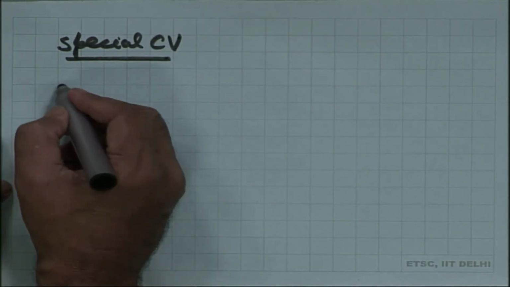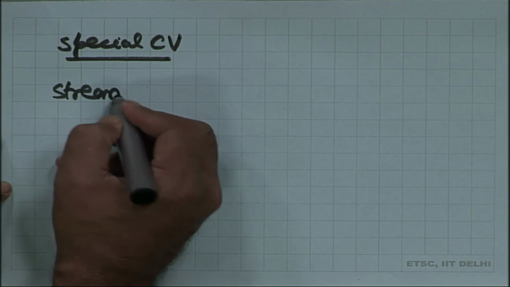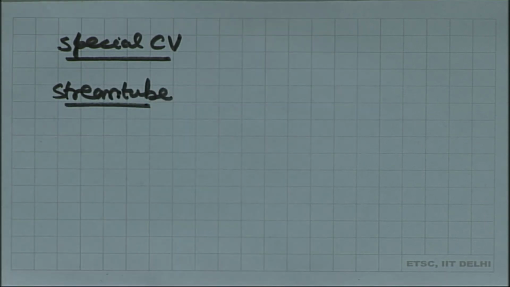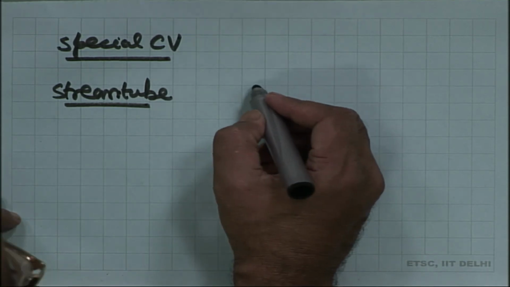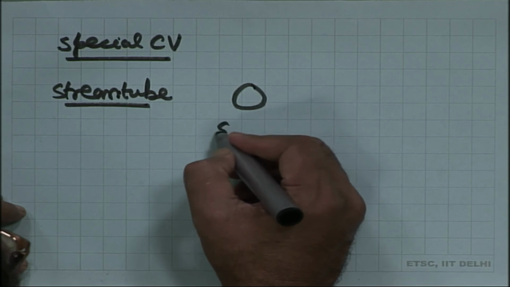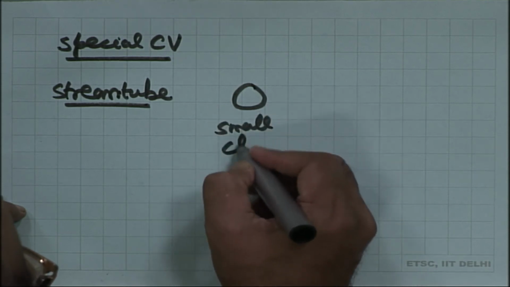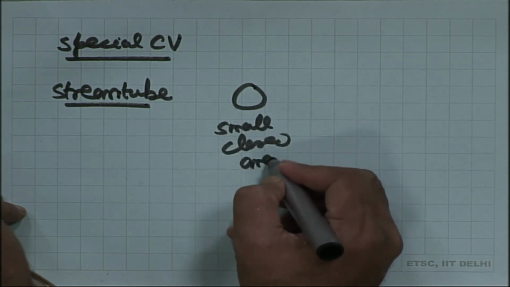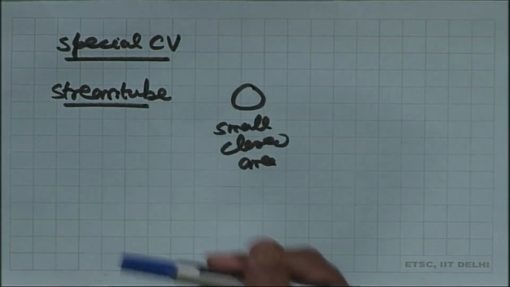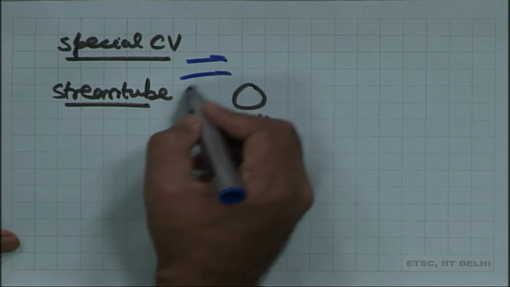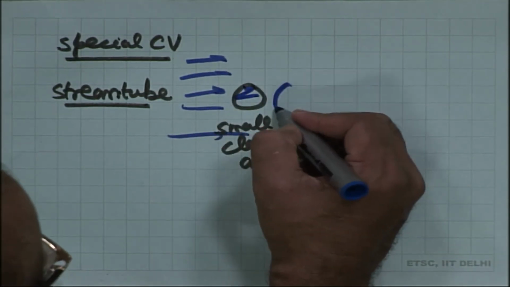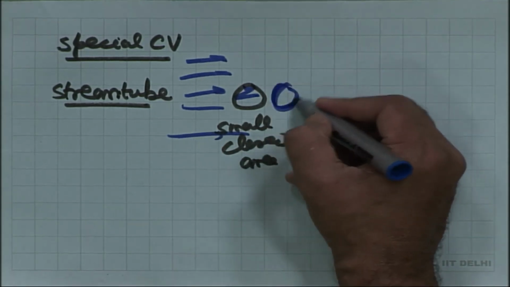Let us now look at the case of a special control volume. First, let us define what is a stream tube. Let us take a small closed area in a flow. All around there is flow going on, and I choose a small closed area in the flow.